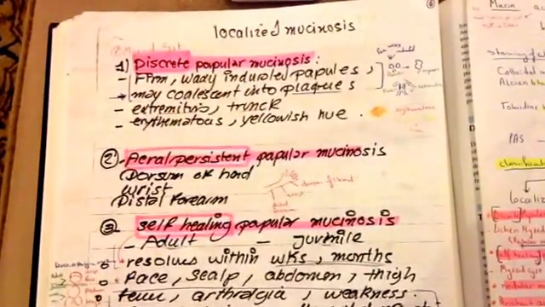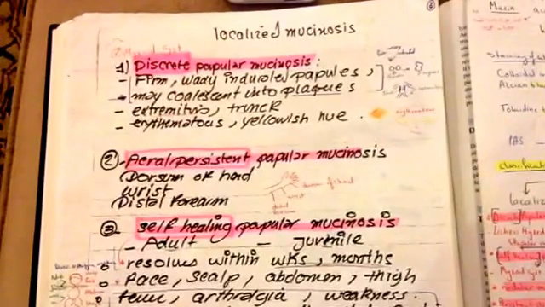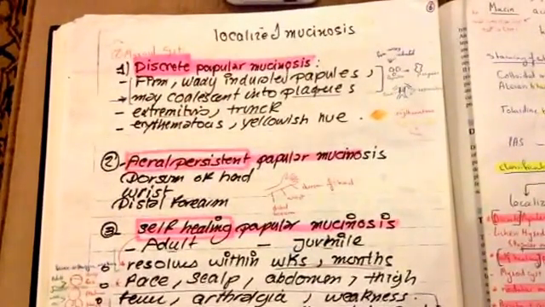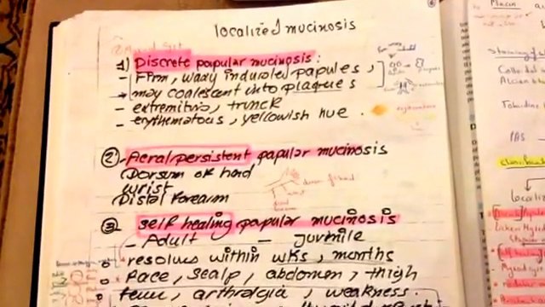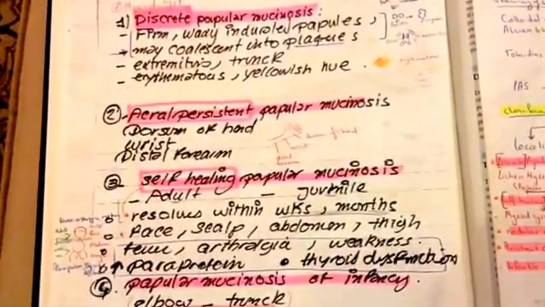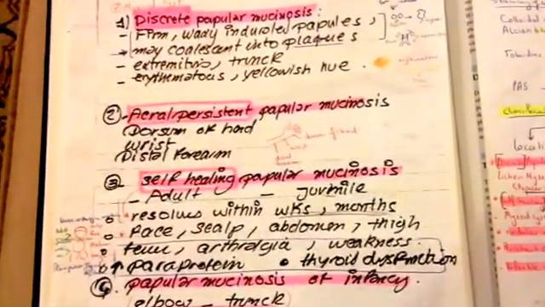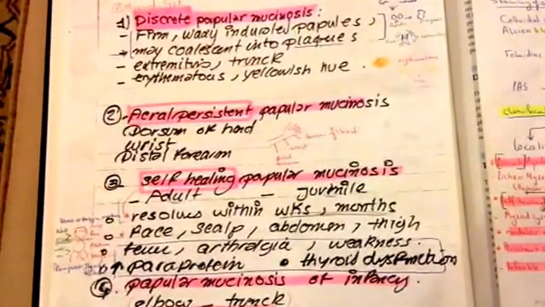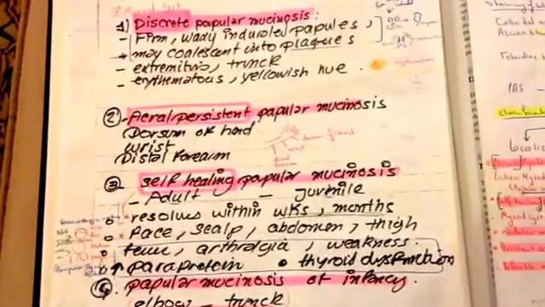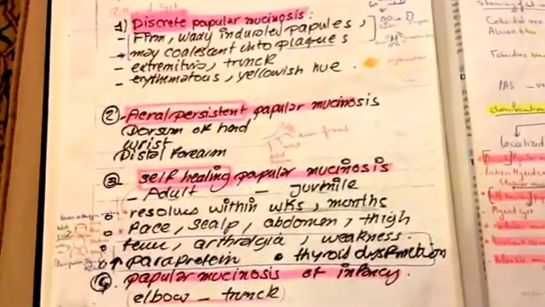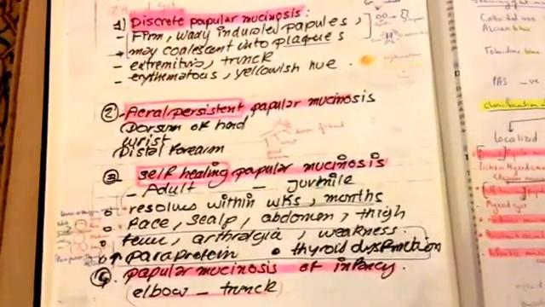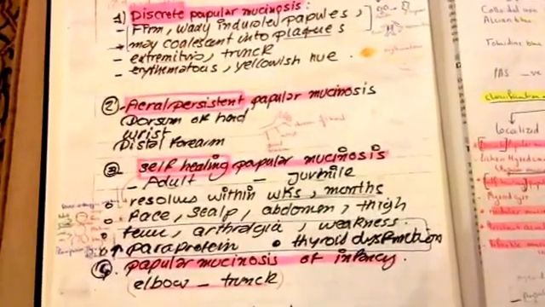Acral persistent is acral and persistent, occurring in the dorsum of the hand and wrist and distal forearm. The self-healing resolves within weeks and months, occurs in adults and juveniles, in the face, scalp, abdomen, and thigh, with fever, arthralgia, weakness, increased paraprotein and thyroid dysfunction. The papular mucinosis of infancy occurs in the elbow and trunk.